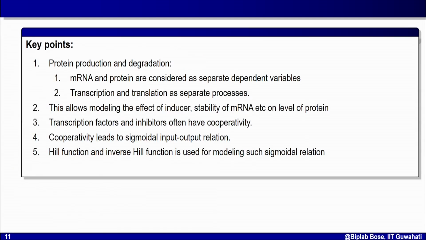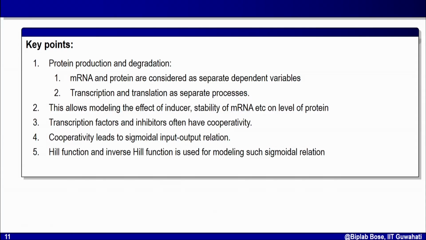So if I jot down what we have discussed in this module: for protein production and degradation, we usually may not consider transcription and translation separately, and may club them together in a single process. But sometimes we have to separate them and consider them as separate processes, and in those cases I have to consider mRNA and protein as separate dependent variables.